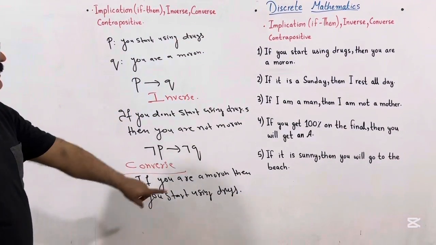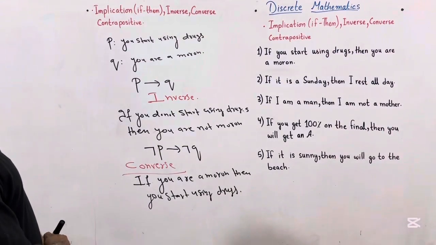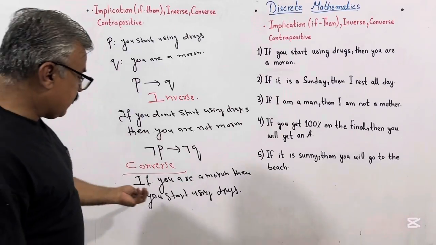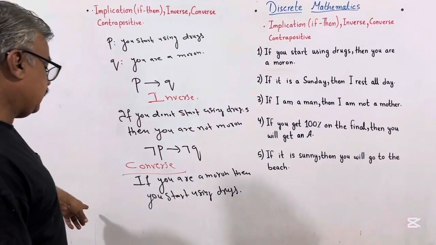That is the converse of this statement. If you start using drugs, then you are a moron; its converse is if you are a moron, then you start using drugs.